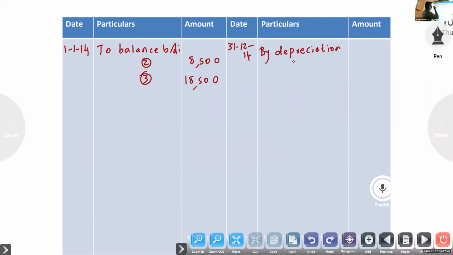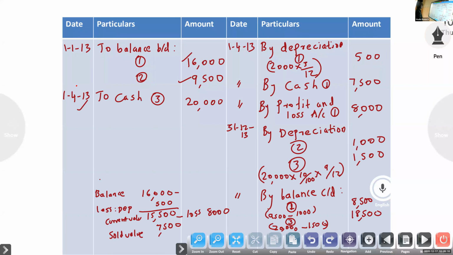We know that last year we wrote only 1,000 for the full year on the second one. For the first one, we purchased on 1st July, that's why 500. Next the third one, last year we wrote only 9 months, 1,500, because last year we used it only 9 months.